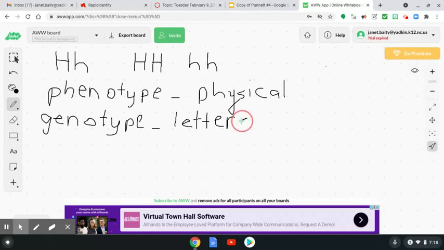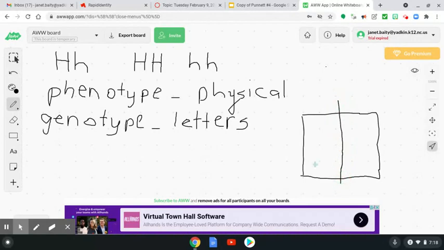Okay? Now, if we look at a Punnett square, let's say the problem says heterozygous tall crossed with, the X means it's crossed with it.